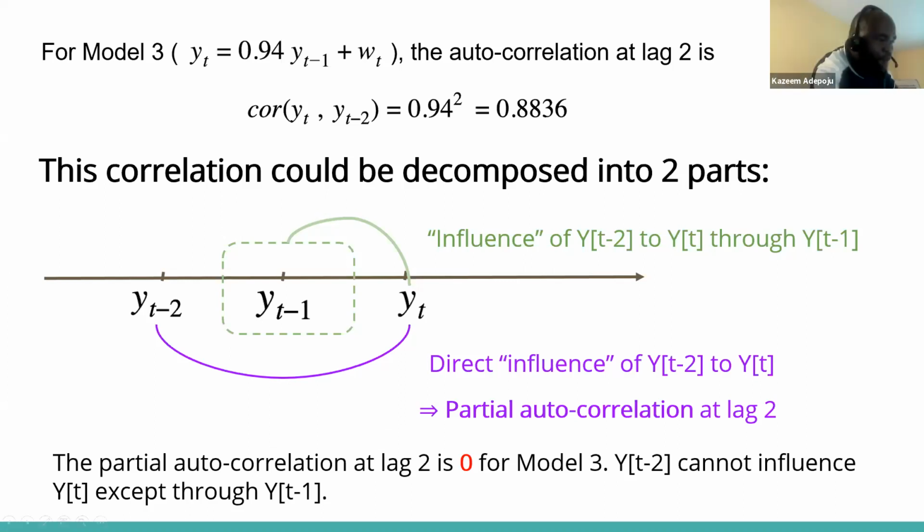That is the reason we said yt minus 2 cannot influence your current value except through the immediate past. That's exactly what we're talking about.